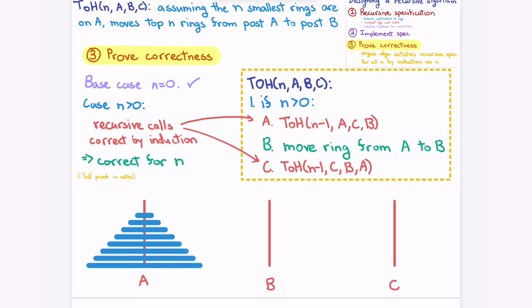So if I ignore it, I have a clean n minus 1 ring problem. You can put a little more discussion around why you really have an n minus 1 ring problem. It is probably worth mentioning that you're only touching the top n minus 1 rings, so the bigger rings down at the bottom play no role. You're really looking at n minus 1 ring problems.